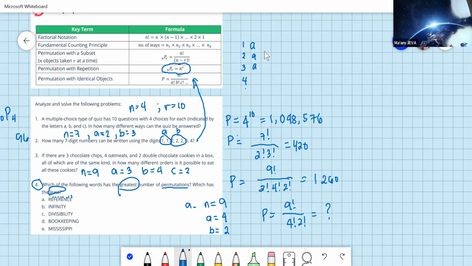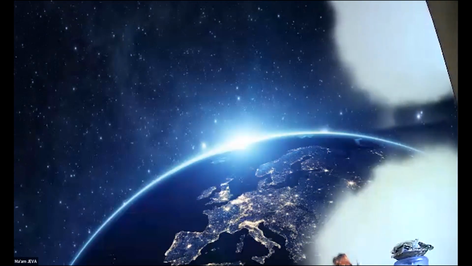So are you now ready to complete your worksheet 2? Do you think that these examples are enough to complete your worksheet number 2? We are not yet done with the topic on permutation because we missed the circular, which is the arrangement when it is in a circle. So for your asynchronous on Friday or for your vacant time, you can download in advance the study guide for the circular.